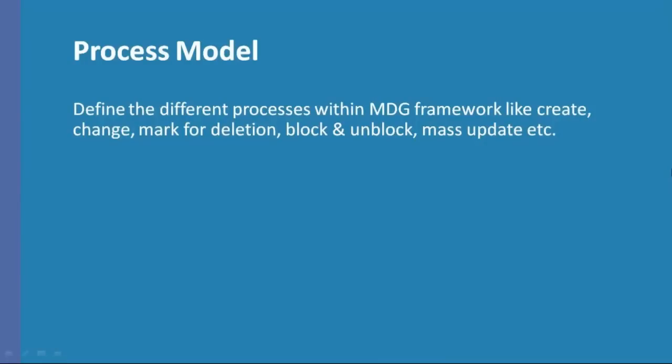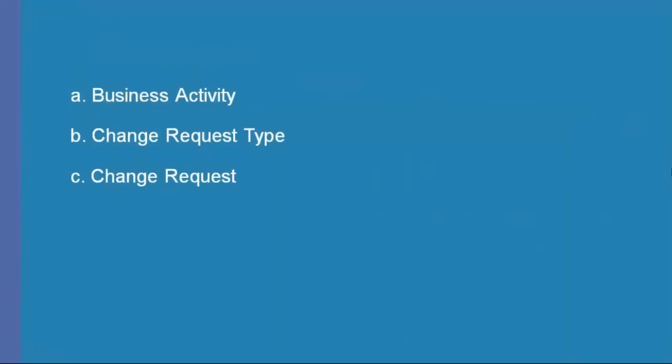The process model defines the different processes within the MDG framework, like create master data, change or update master data, mark for deletion, block/unblock, mass processing, etc. So these are all different processes in the MDG framework, and those processes we will create in the process modeling.